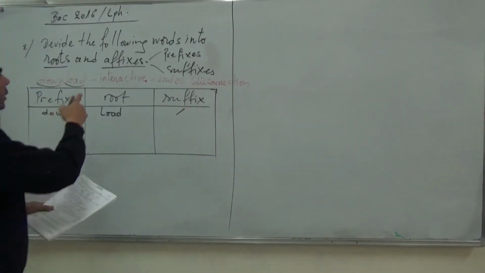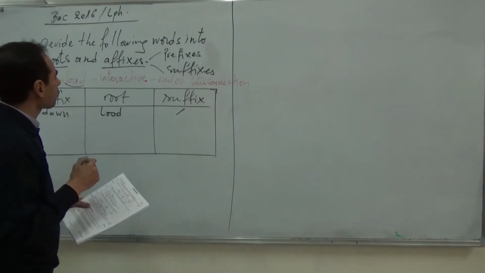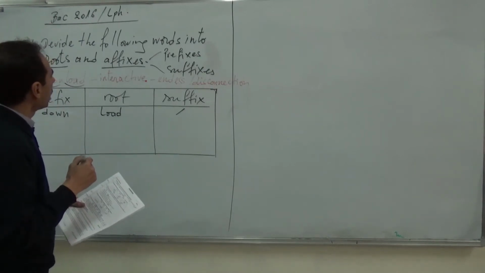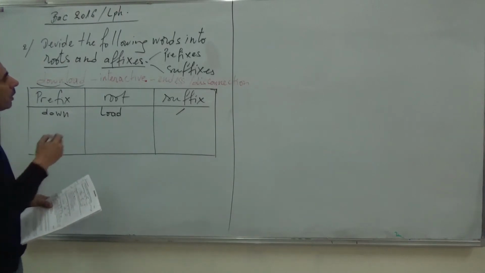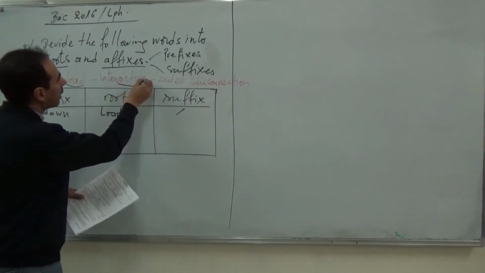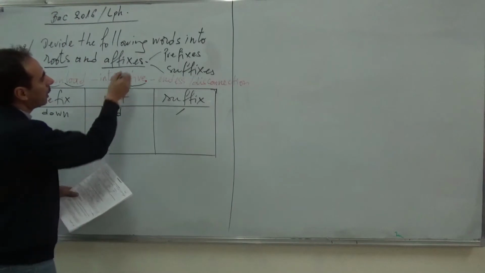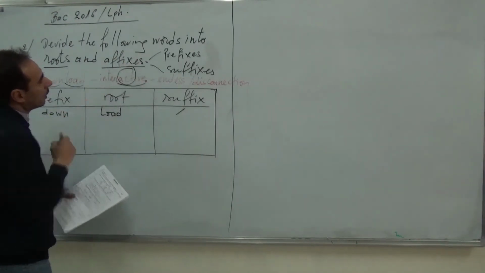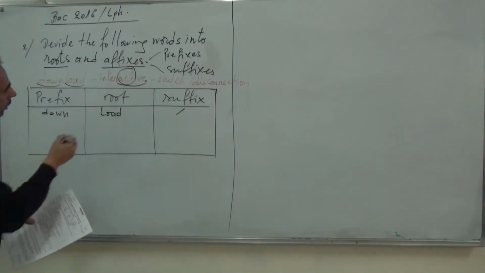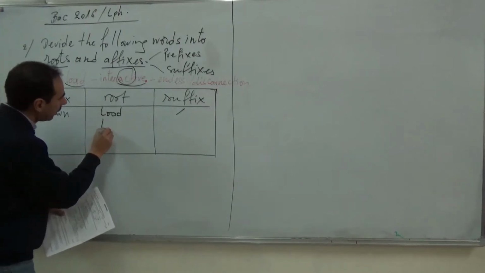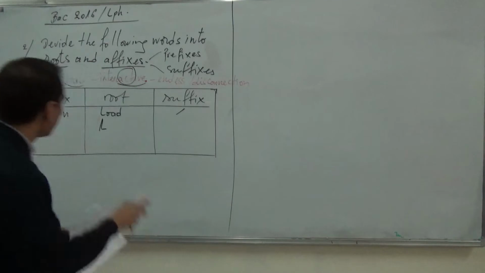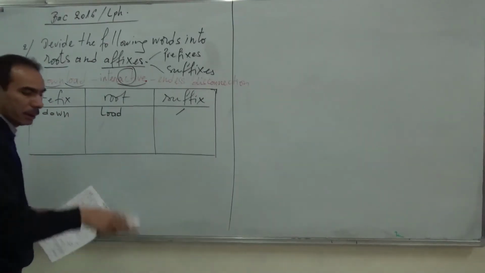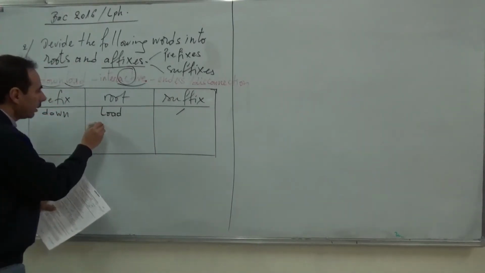We go to the second word, interactive. Where is the root? What do you think is the root? In active, for example, we have the verb to act. We put it as a root, act.